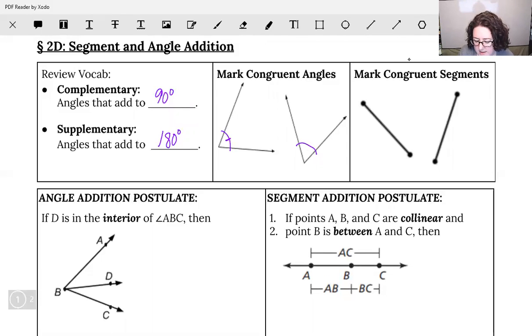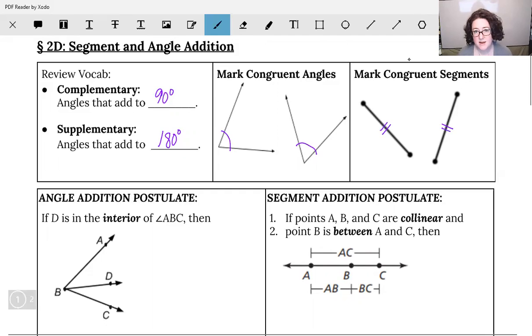But honestly, I tend to use just the arcs when I'm marking those. To mark congruent segments, we use just a dash mark. And again, if you have multiple segments in the same diagram, you may see where you have some that have one and some that have two, just to show which ones are congruent to their pair and which ones are congruent to a different segment. But those, we're always using a dash mark to mark those.